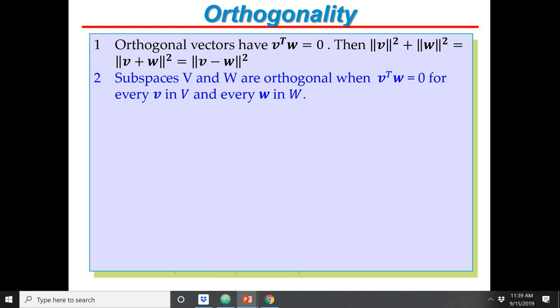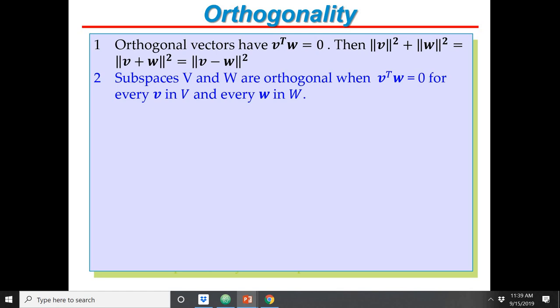Now what I want to do is expand this definition of inner product to subspaces and define the following concept. I'm going to call 2 subspaces orthogonal when v transpose w equals 0 for any vector little v coming from the subspace capital V and any vector w coming from the subspace capital W. So effectively, I'm going to call 2 subspaces orthogonal if I take any arbitrary elements from the 2 subspaces, and if I take their inner product, it comes to be 0.